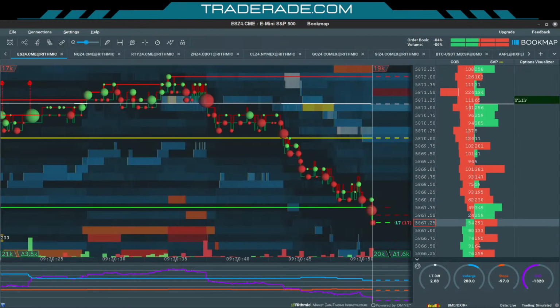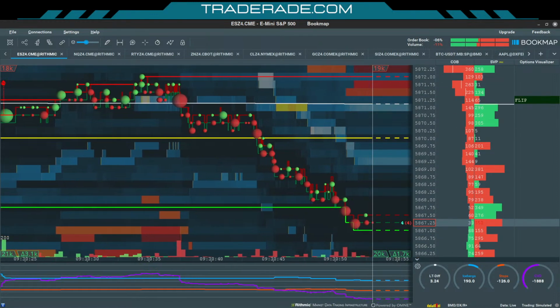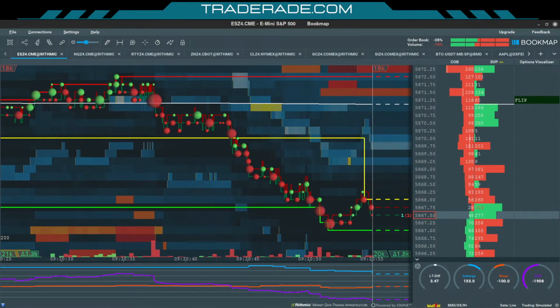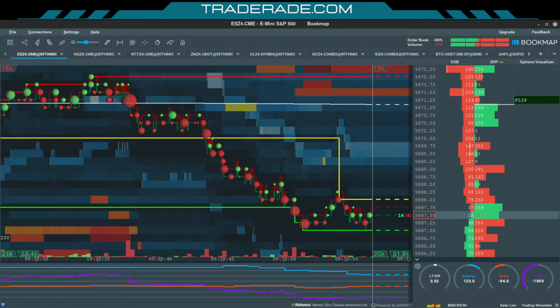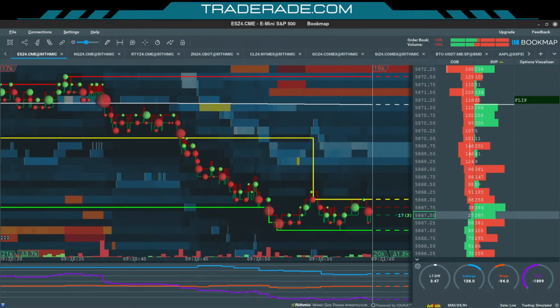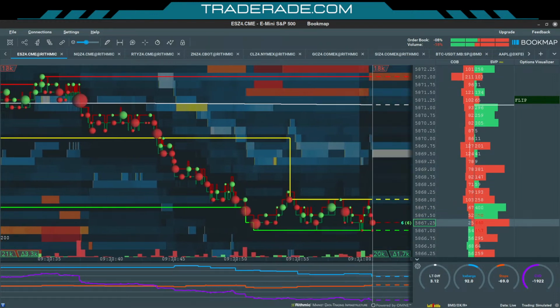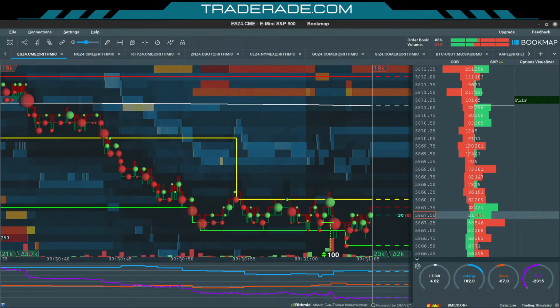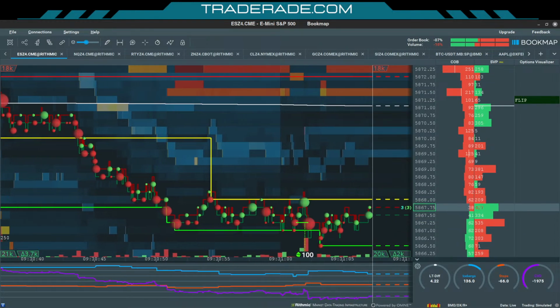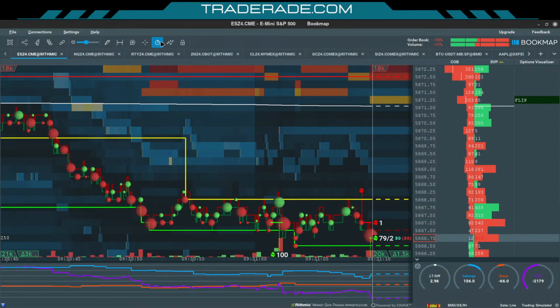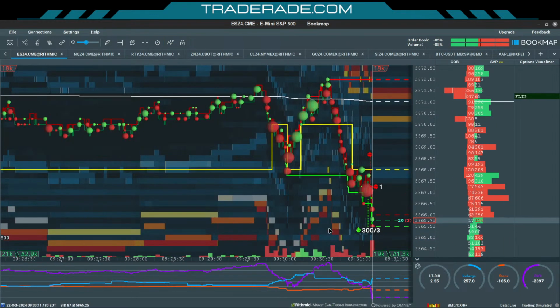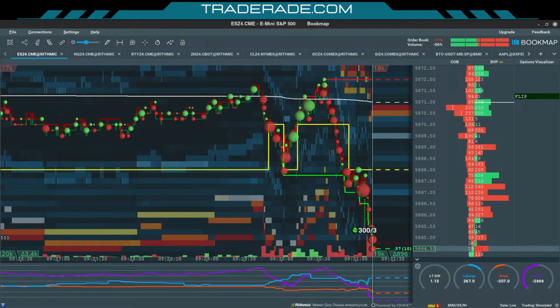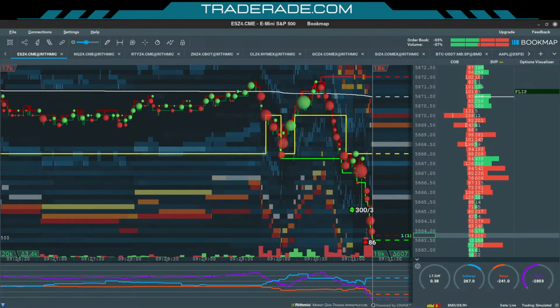Seeing a bit of pressure after that initial pop. Continuing to cut to new lows post-open. We're just going to zoom out a bit now. And we see that pressure building here.